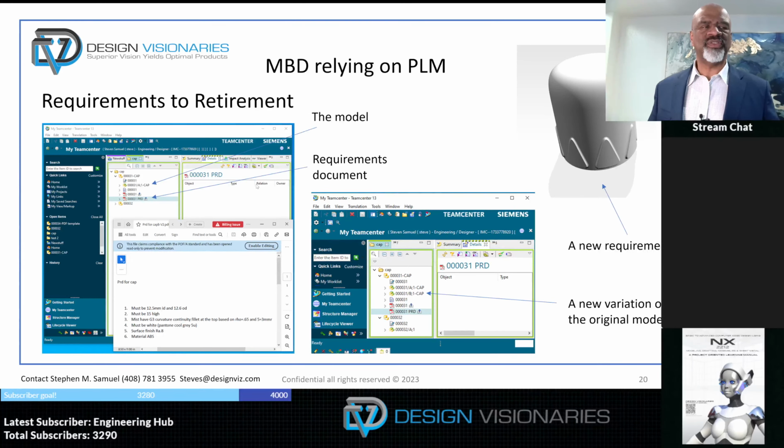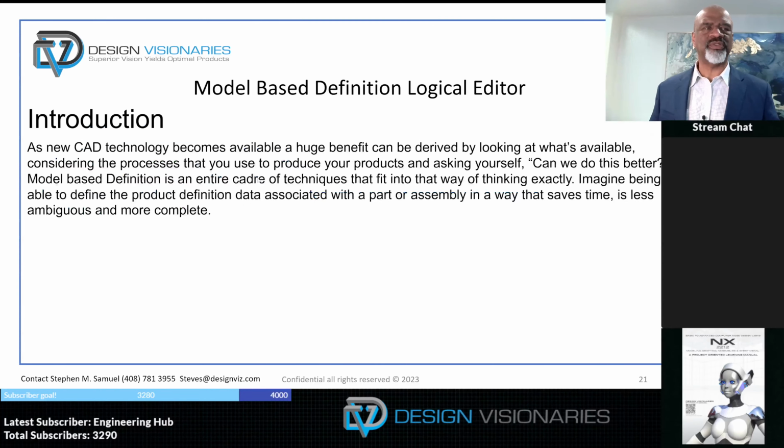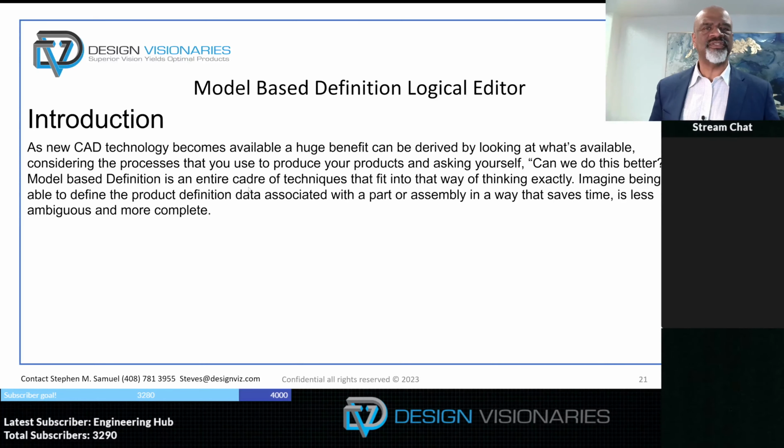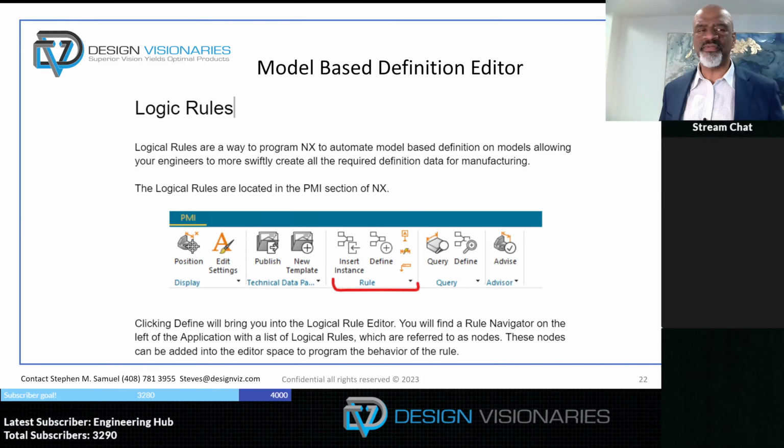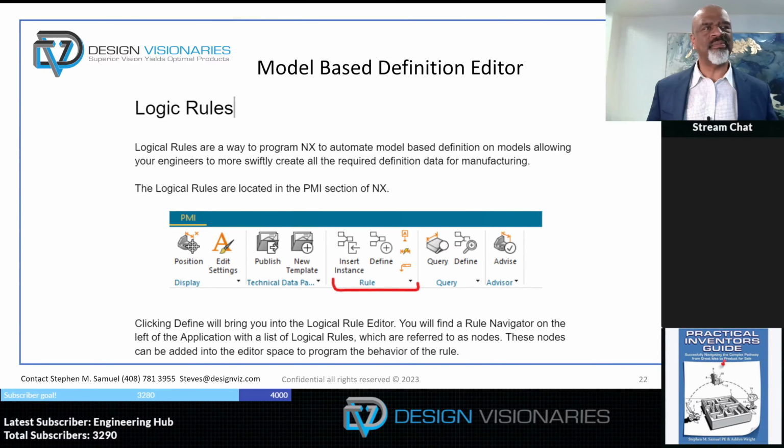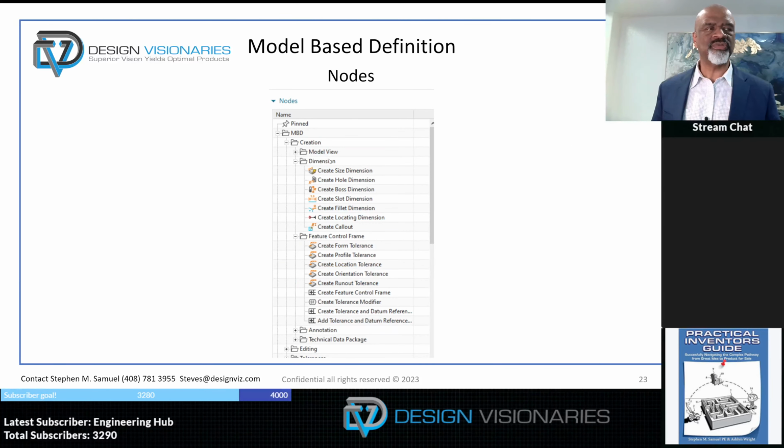We all want to make sure that everything is captured, all the details. So that brings us to the logical editor, the model-based definition logical editor. In the same way that we can program these models in the algorithmic modeling process, where we have routines that actually create the geometry for us, we can also have the model-based definition editor, so we can create these logical rules.